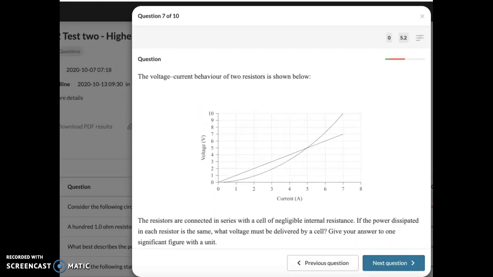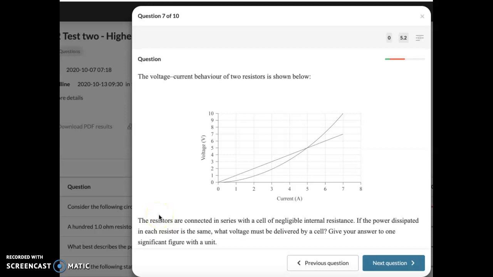Now this is a tricky question, but once you do it once, you'll know where to look. You have voltage current behavior for 2 resistors. So one of these is ohmic, and that's its behavior there, the straight line, and one of them is non-ohmic with a resistance increasing as the voltage increases.